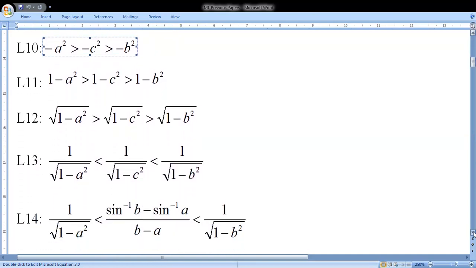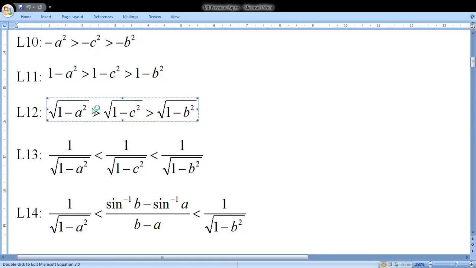Then I have taken square root on all sides, it is root over 1 minus a square greater than root over 1 minus c square greater than root over 1 minus b square. Then I have reversed all the terms, then it is 1 by root over 1 minus a square less than 1 by root over 1 minus c square less than 1 by root over 1 minus b square.